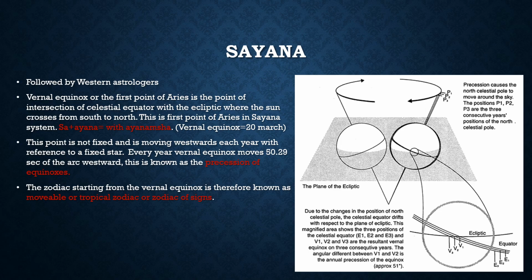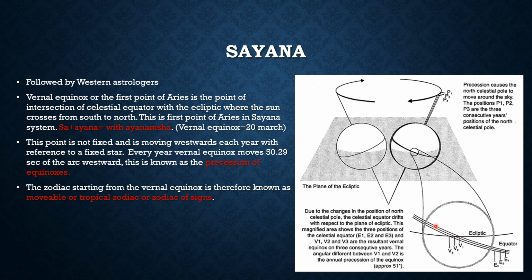When we say Sayana, Sa means with, and Ayana is for Ayanamsha, so that is with Ayanamsha. Here the vernal equinox, we remember, is on 20th March, and what is interesting is that this point is not fixed, and it is moving westward.